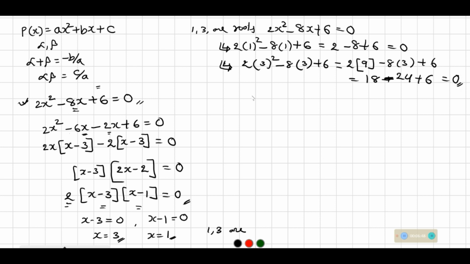So here 1 and 3 are roots of the quadratic equation.